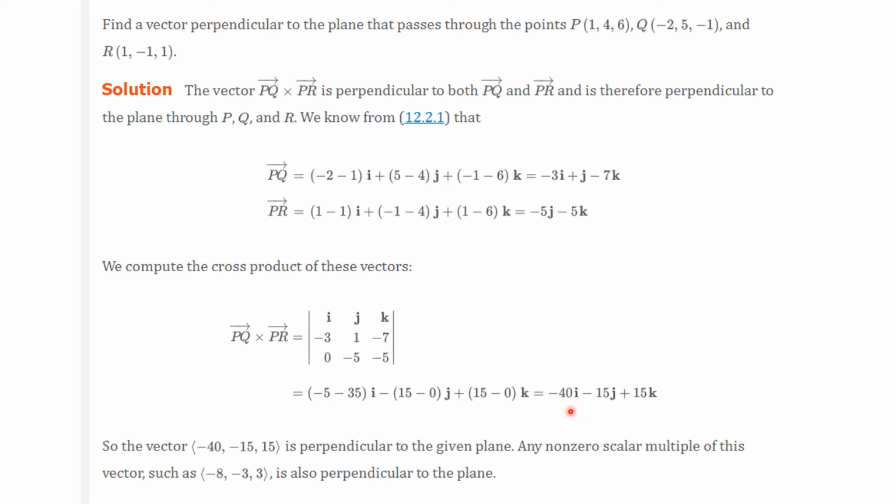You could have written it as pointy bracket minus 40, minus 15, and 15. So this is perpendicular to the given plane. Now any non-zero scalar multiple of this, such as 8, 3, 3 dividing all the way through by 5, is also perpendicular to this plane. And sometimes when I ask you questions like this, I'll ask you to convert this into a unit vector.